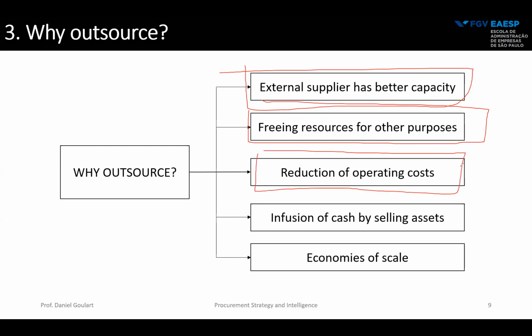Another reason for outsourcing is a reduction of operating costs. When you don't outsource, when you produce in-house, you have people involved in this production that could be outsourced, for example.